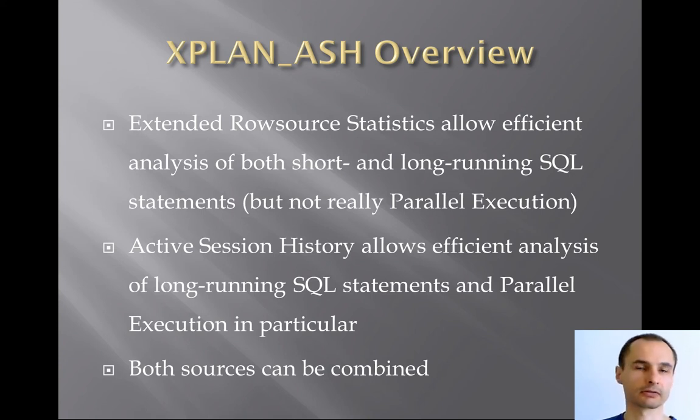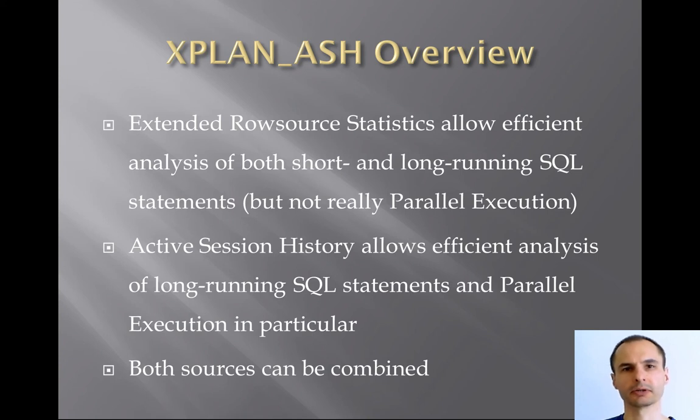And you can in fact combine both sources in Explain-Ash and get the combined output, the analysis based on both data sources. That's of course possible, but usually not that common, because row source statistics are not enabled by default. I will go into the details in the row source statistics part of the tutorial, including a setting you might want to have enabled by default in your system.